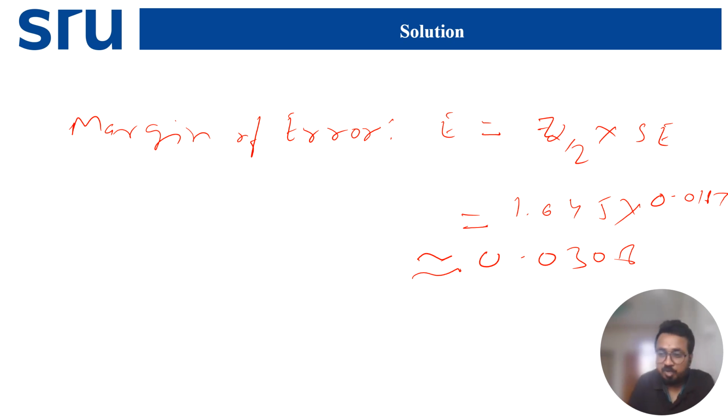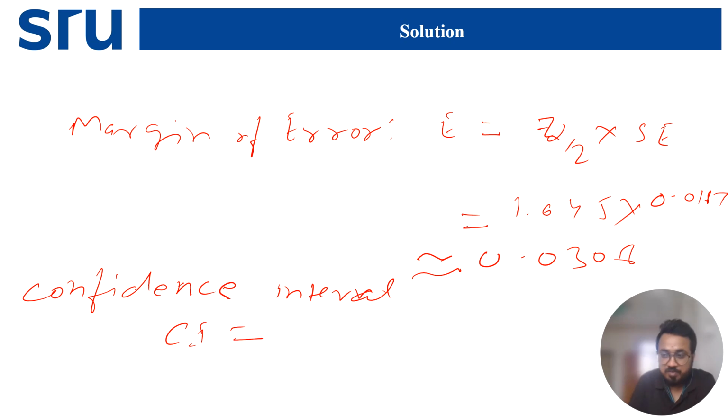Now apply the formula for finding the confidence interval for a large sample whenever the standard deviation is not given. Confidence interval CI equals P plus minus the margin of error. So P is equal to P cap, which is 0.7 plus minus 0.0308.